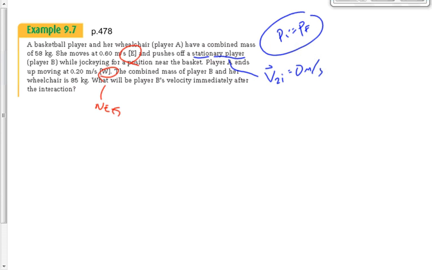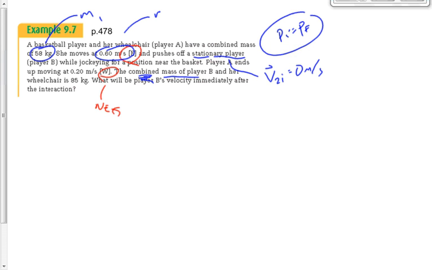The combined mass, that word combined even, kind of suggests two separate objects here. But the reality is they're not. Each player stays on their wheelchair, doesn't get off, doesn't get on. So a player and her wheelchair is an object.